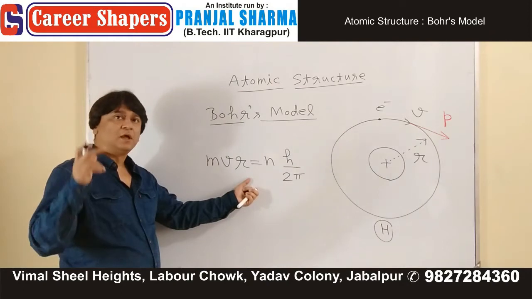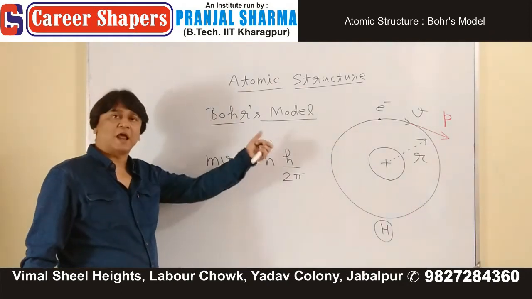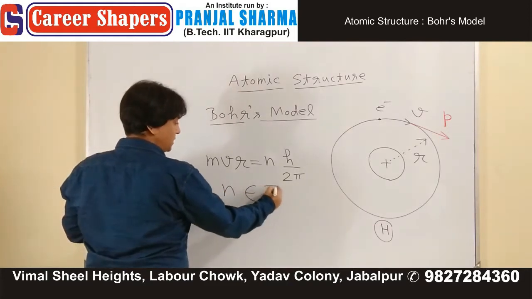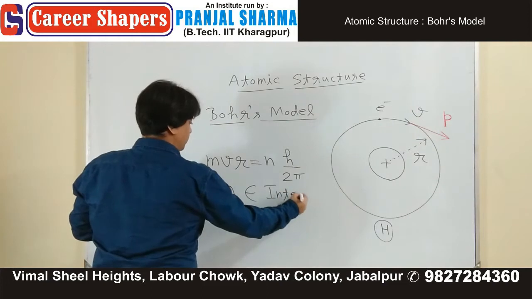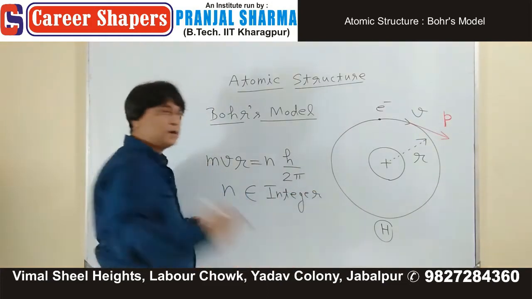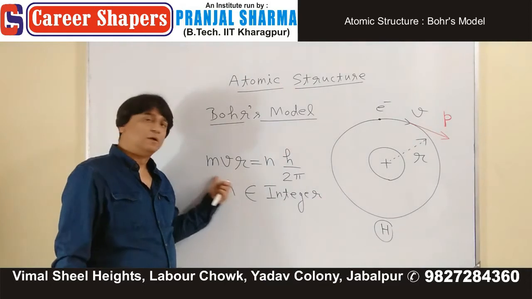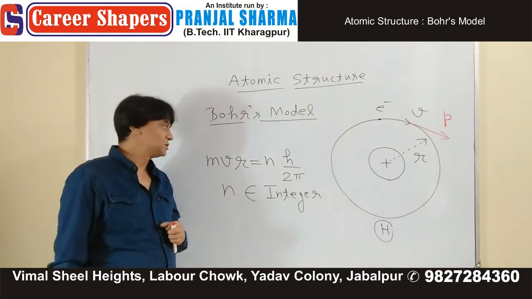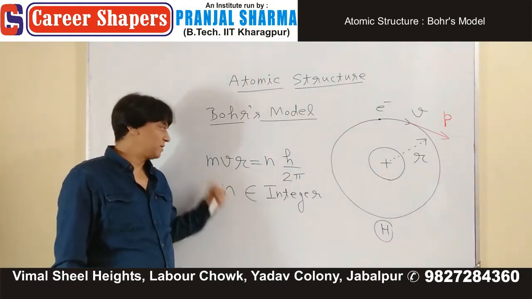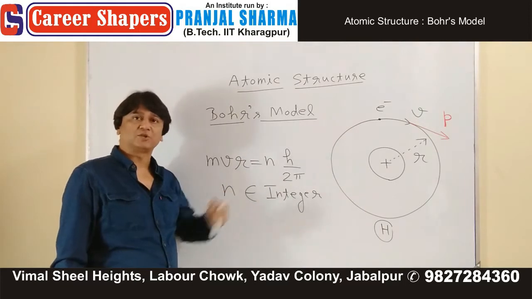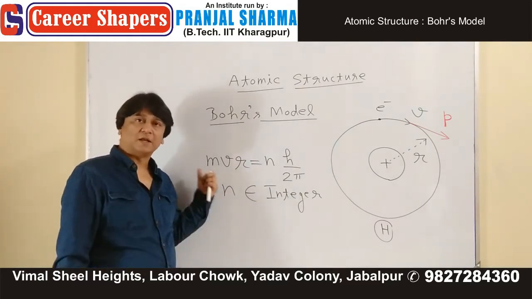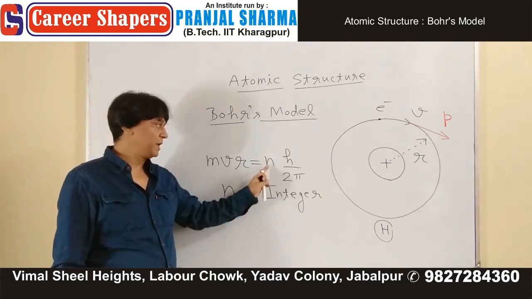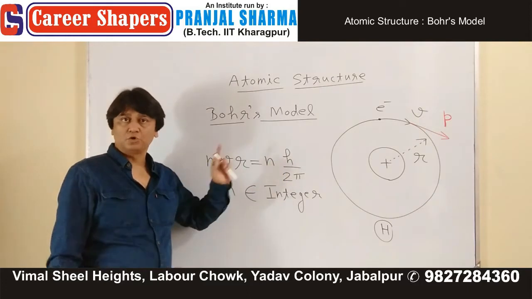Therefore he says angular momentum is n into h upon 2 pi, where n is an integer. Later on we'll see that if electron is a wave as well as a particle, then we can use de Broglie's concept, and from that we can develop mvr equals nh upon 2 pi. So as of now, this is an assumption coming from Bohr's theory that angular momentum is equal to an integer multiple of h upon 2 pi.